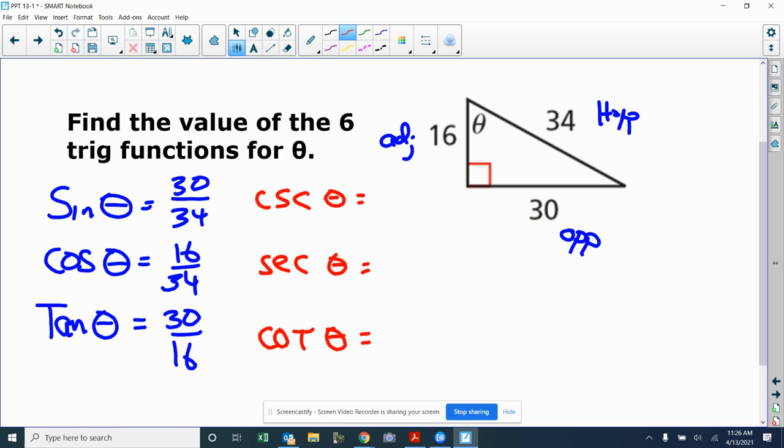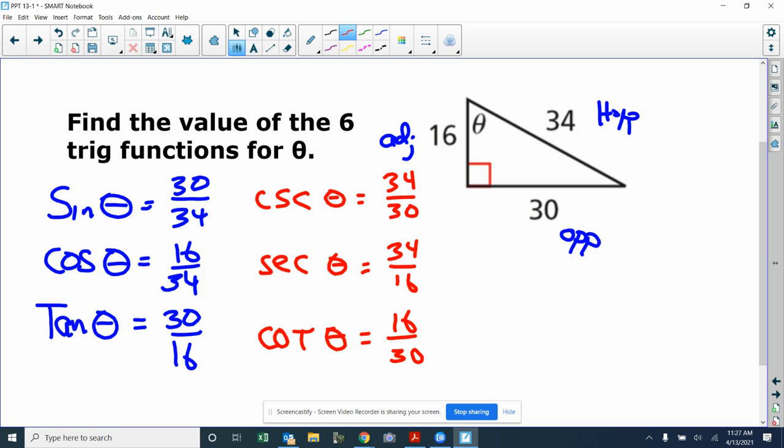Okay, 34 over 30, 34 over 16, and you're done. I'm gonna do one more and that's it. Is that fair, everybody? I think this should be, like I said, half of it's review, the other half is just a little new. Cosecant, secant, cotangent, but the rest should be a review. Everybody feeling good?